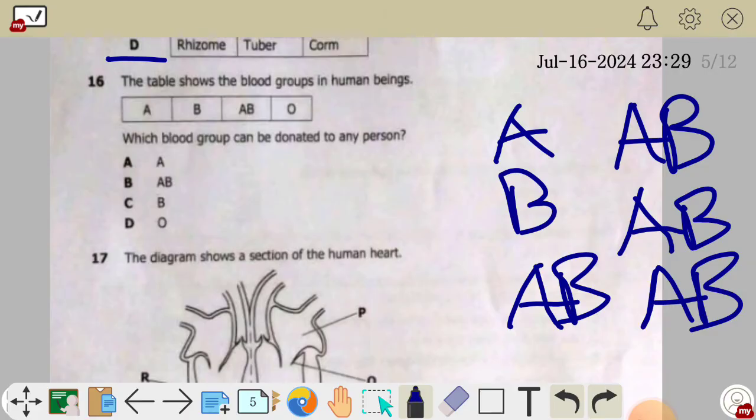Okay, why? Because blood group O does not have antigens. So antigens are not there in blood group O. Okay, so blood group O is the universal donor. So blood group O can give to anyone. So the correct answer here is D.